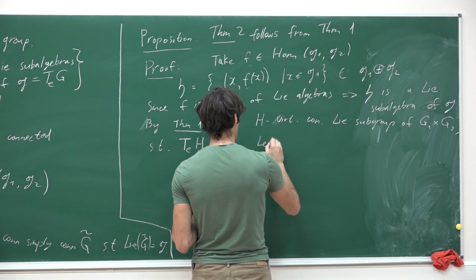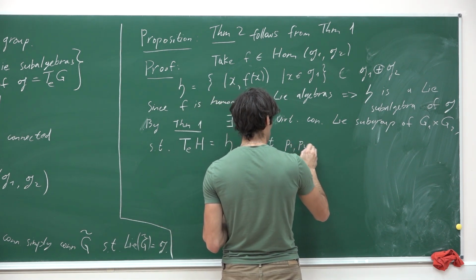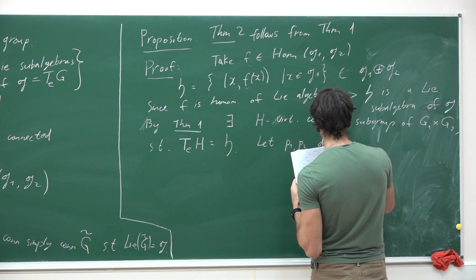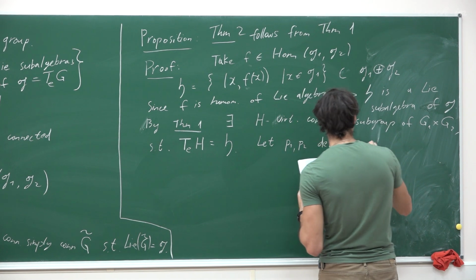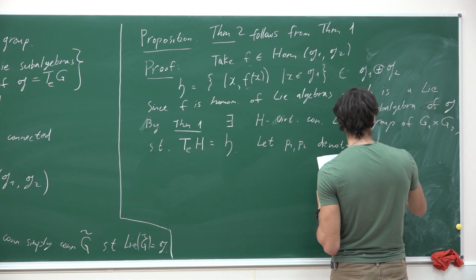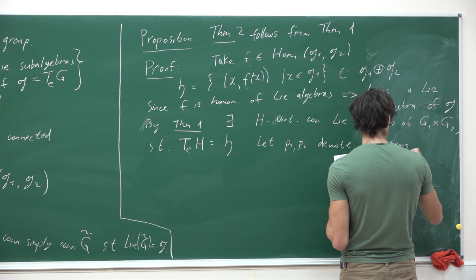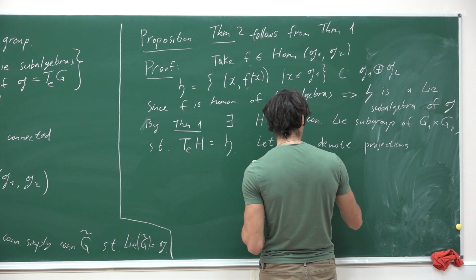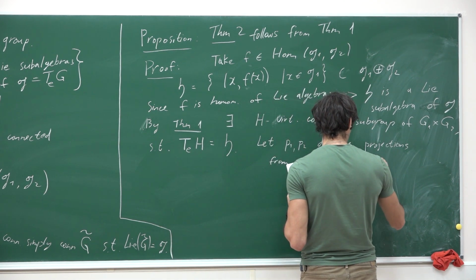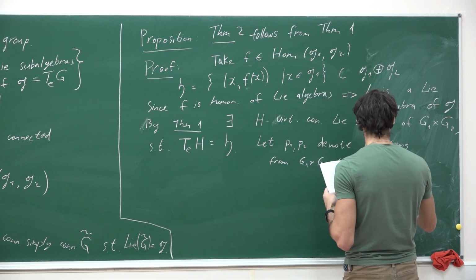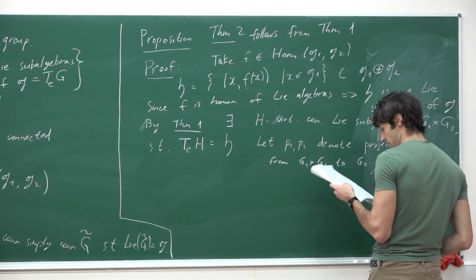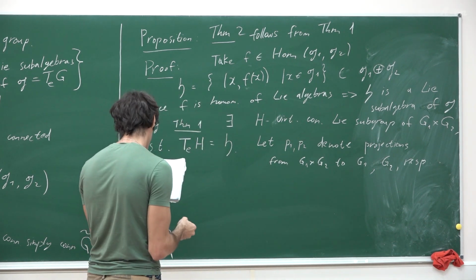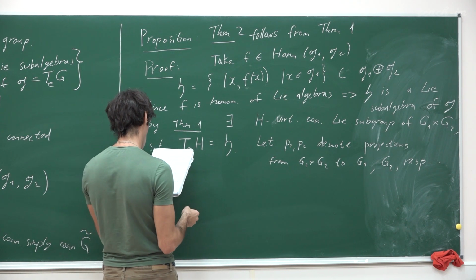So let P1, P2 denote projections from G1 times G2 to either G1 or G2 respectively. Then let me consider the following map.